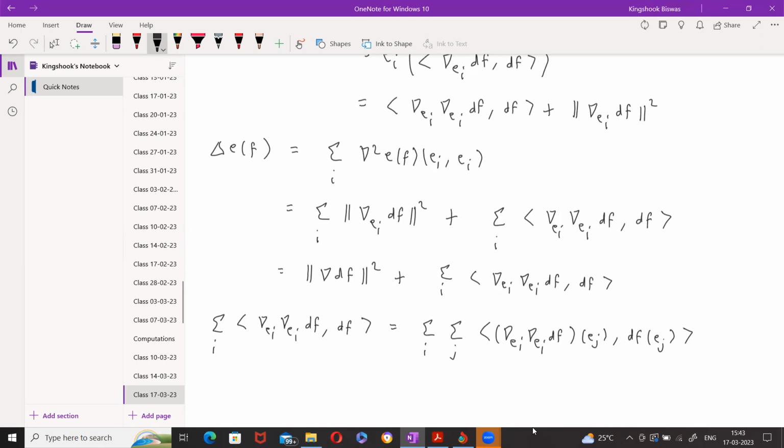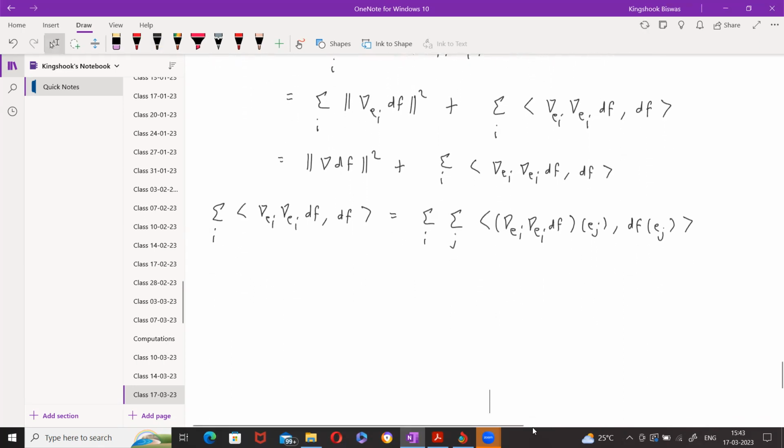This is by definition of the inner product on the bundle of linear maps.